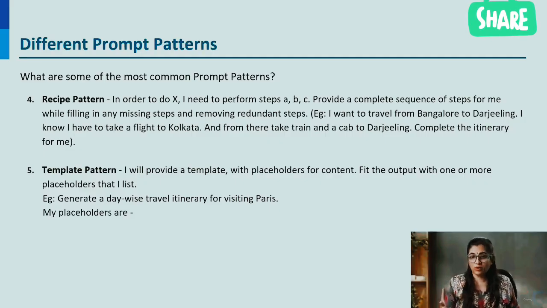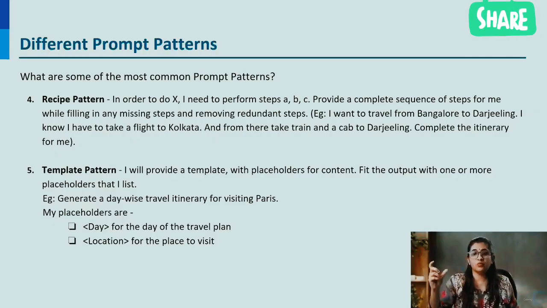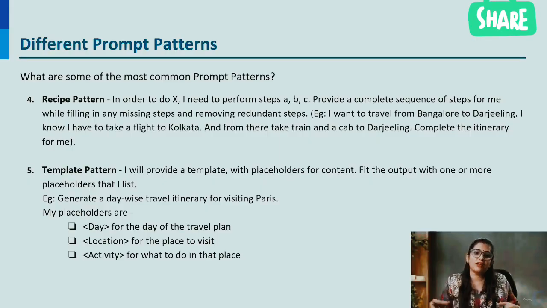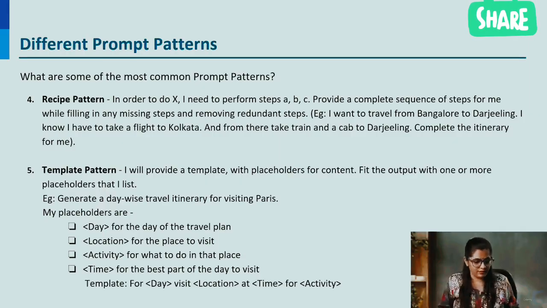Now, my placeholders are day, for the day of the travel, supposing Monday. Location in Paris, what location I'm traveling to. Activity, what in that location I plan to do. Time, what is the best time or best part of the day to go there.